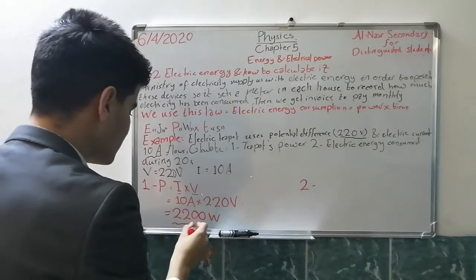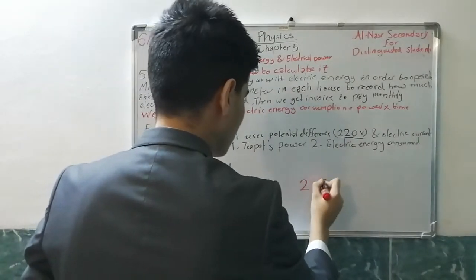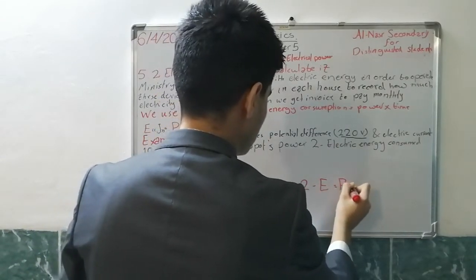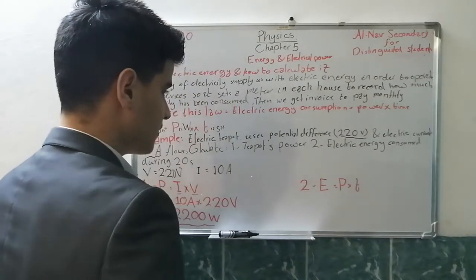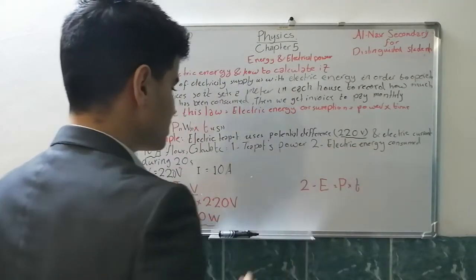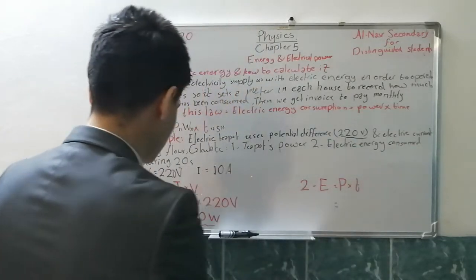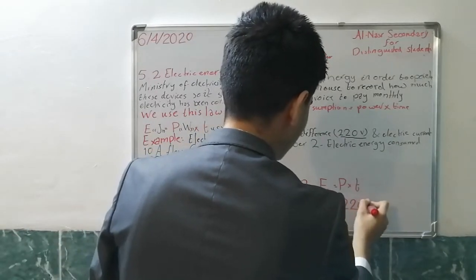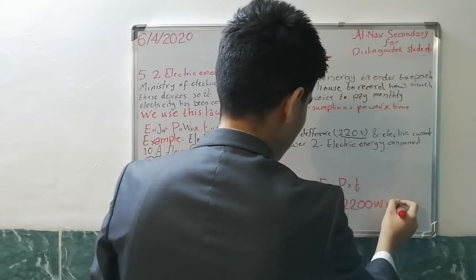We write the law: E equals P multiplied by time. So the power is 2200 watt multiplied by time.